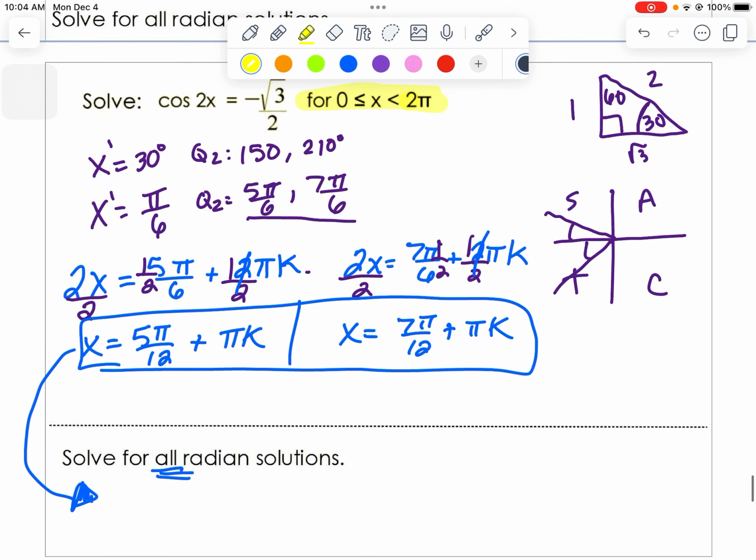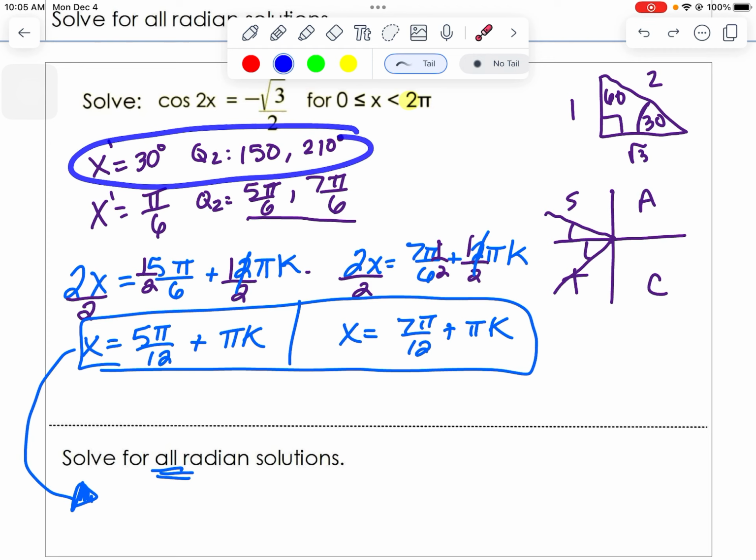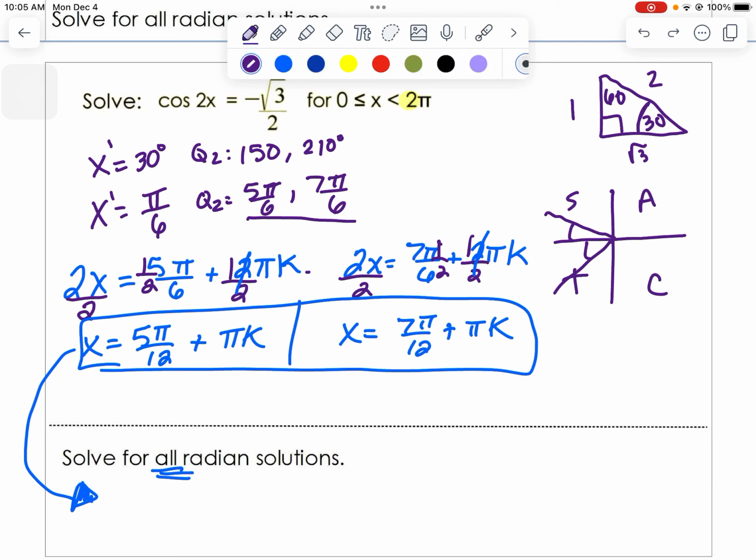If I'm looking for between 0 and 2 pi, then I want you to write them out. Remember, my original problem with just cosine of x had 2 answers, and it was cosine of 2x, which means I should have double the amount of answers, so I should end up with 4. So you're going to start with this side. Your first answer is when k is 0, so 5 pi over 12, and then you're adding pi, but you're adding it to 12, so I would think of 1 pi as 12 pi over 12, so it's easier to add.